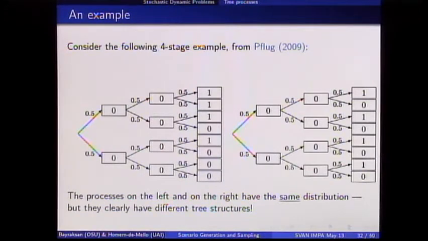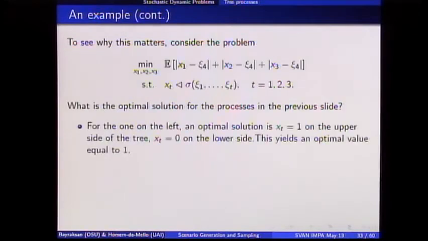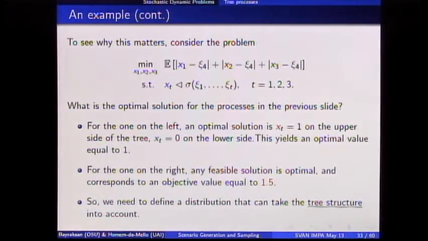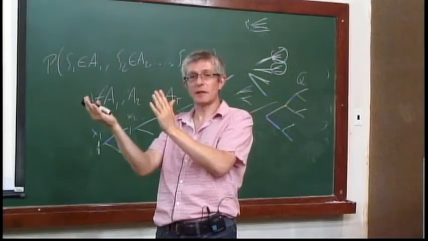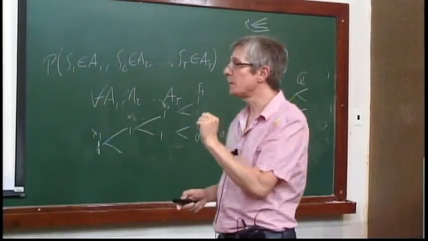And this makes these multi-stage problems far more complicated, the fact that we have to take this dependence into account. So in order to talk about distributions of these processes, we need to extend this notion of distribution in such a way that it can incorporate the information structure. That's the main issue.